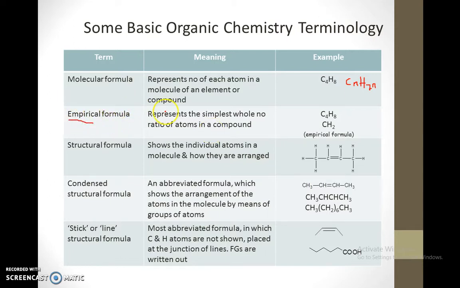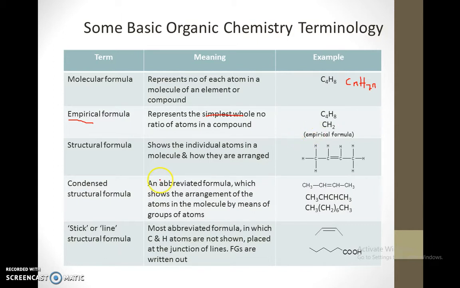Empirical formula represents the simplest whole number ratio of atoms in a compound. For example, the empirical formula of butene is CH2. So CH2 is the simplest whole number ratio of atoms of butene.